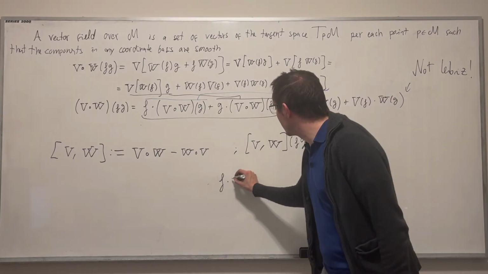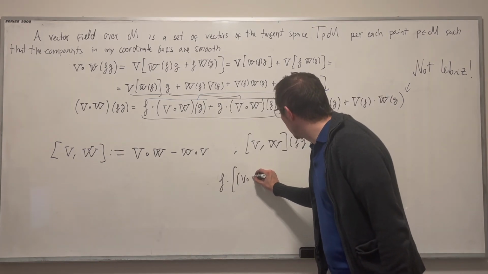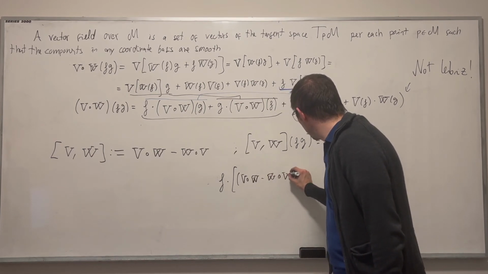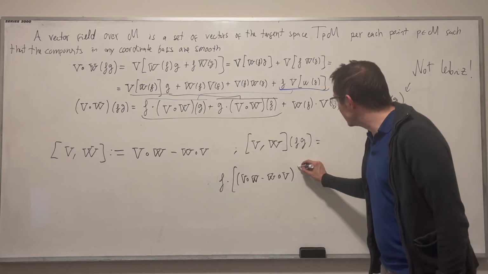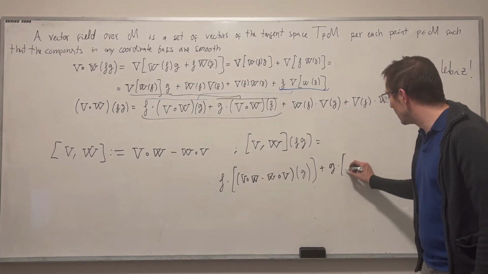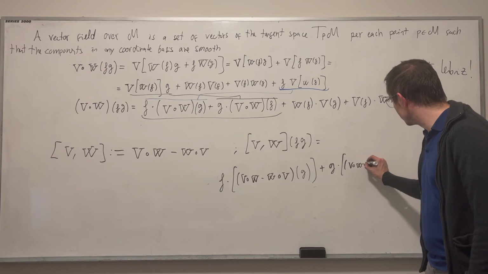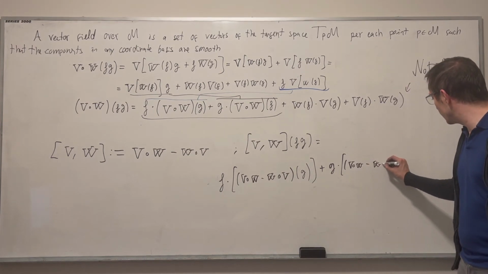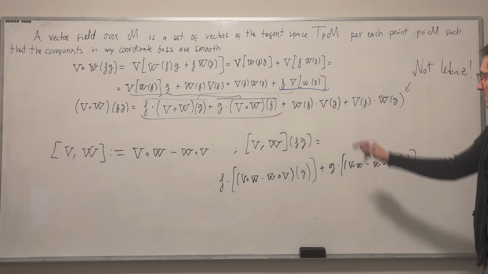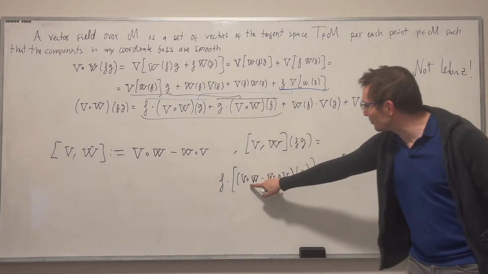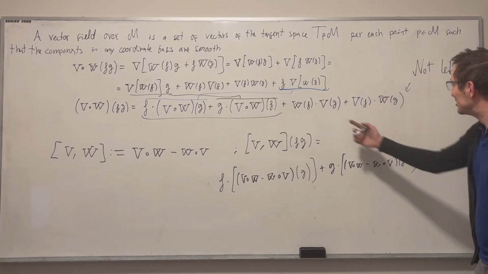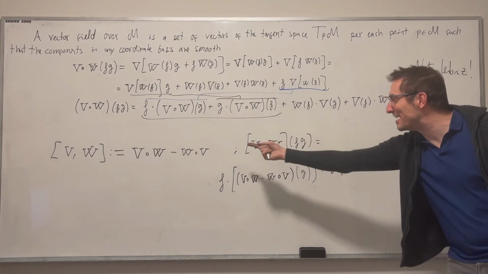I would get f times v composition with w minus w composition with v, acting on g, plus g times the composition of v with w minus w composition with v acting on f. And what about the rest? Well, you can tell the first one will give me something exactly like that, and the second one gives me exactly the same thing but with a minus sign. So this part cancels when I evaluate this object.